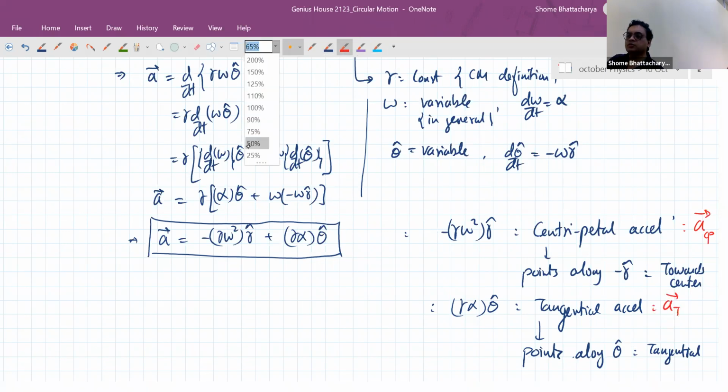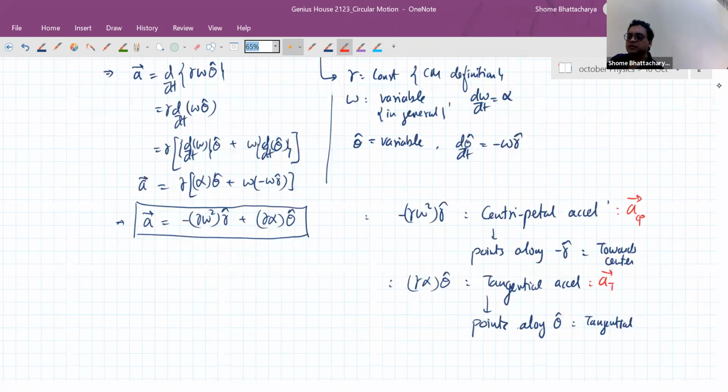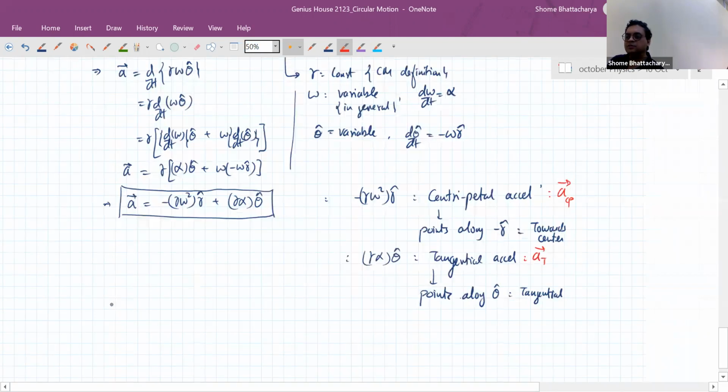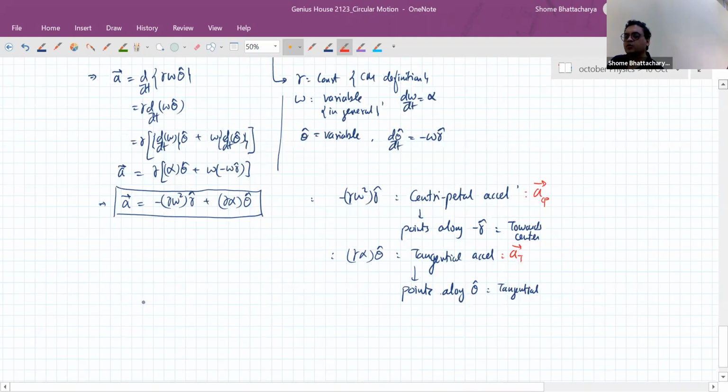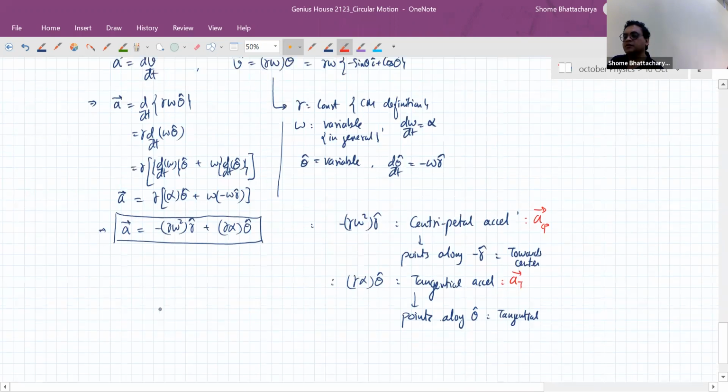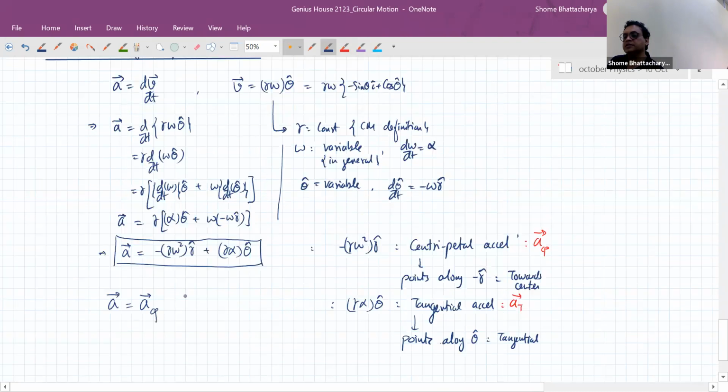So in any circular motion, in general, the acceleration is the vector sum of two components, centripetal plus tangential, where centripetal is given by this formula, minus r omega square r cap.